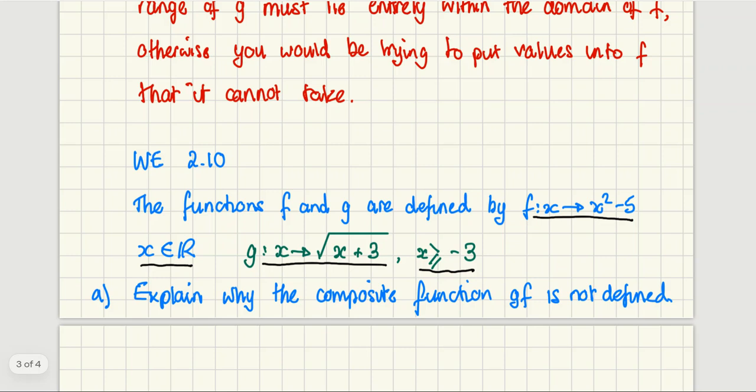So explain why the composite function gf is not defined. Because of what I just said. Or give me a specific example.